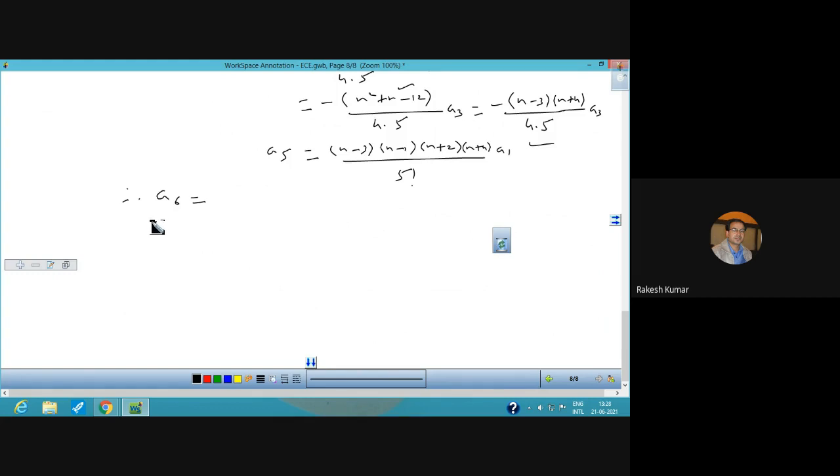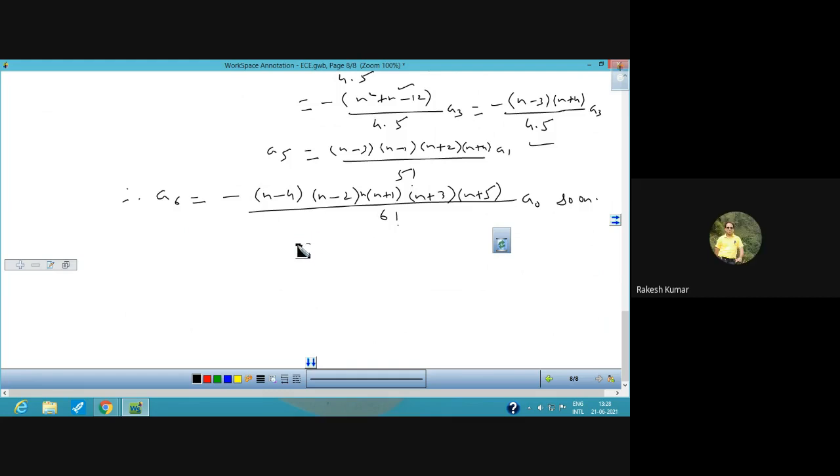So your value comes out to be, I am going to write down straight away, minus n minus 4, n minus 2, n, n plus 1, n plus 3, and n plus 5, divided by 6 factorial into a naught, and so on. As many values as you need, you can find out.